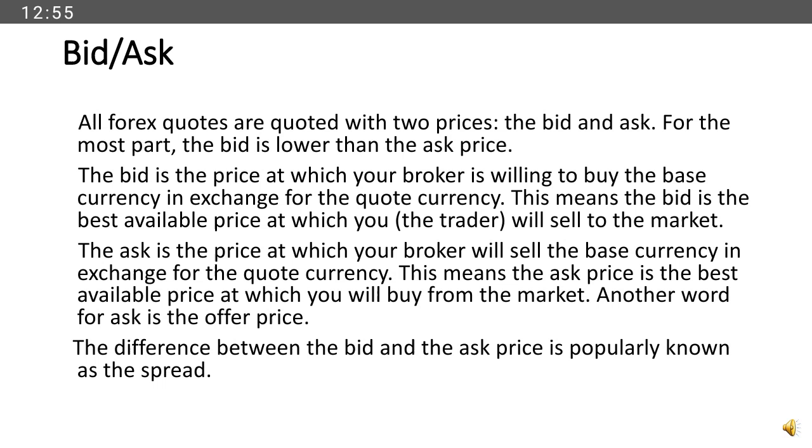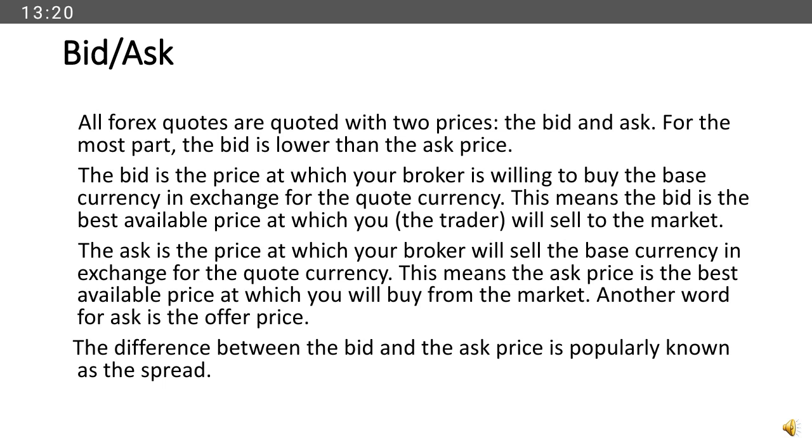The ask is the price at which your broker will sell the base currency in exchange for the quote currency. This means the ask price is the best available price at which you will buy from the market. Another word for ask is the offer price.